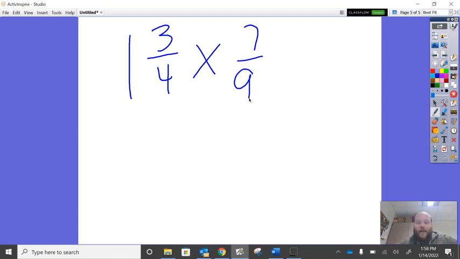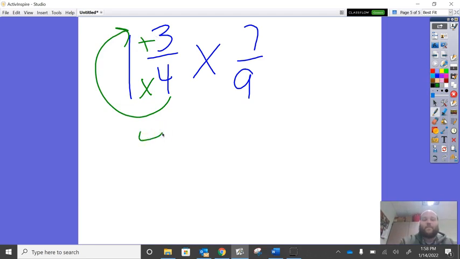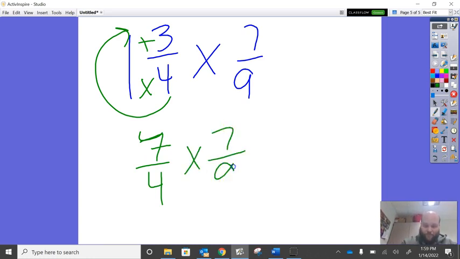All right, welcome back. So remember, reverse C, or not reverse C, just C. So times and add. 4 times 1 is 4, plus 3 is 7, over 4. Notice on those, my denominator is not changing. Denominator stays the same, and then times 7/9.